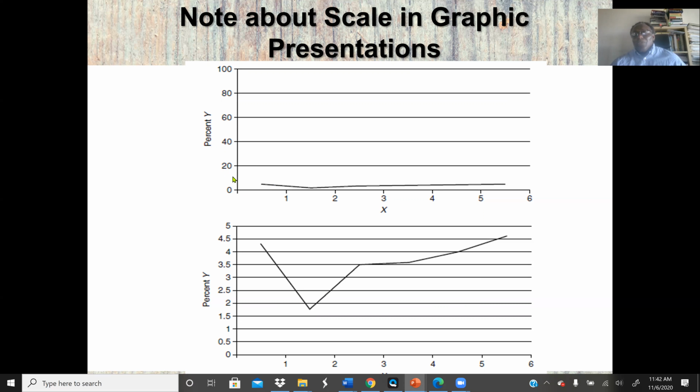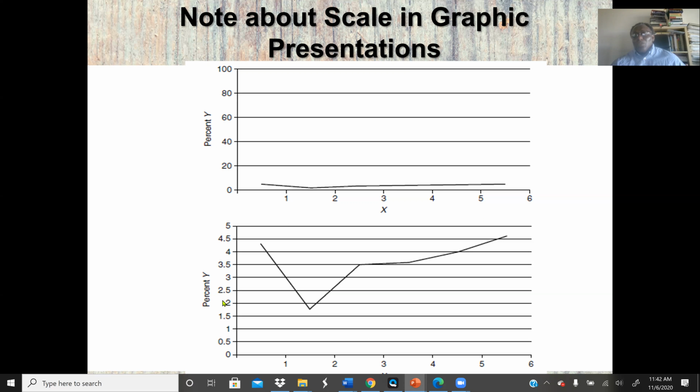So we make the scale very big so that our graph becomes very small and the pattern gets lost. But when you look here, the values are less than 10, even less than 5. So we start with 0, 0.5, 1, 1.5, 2.5. The interval is 0.5, up to 5.